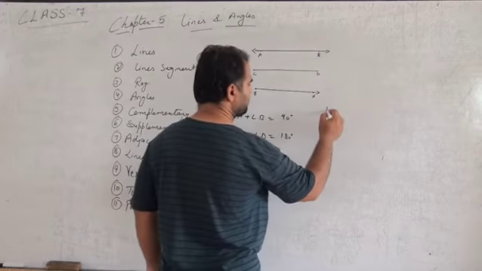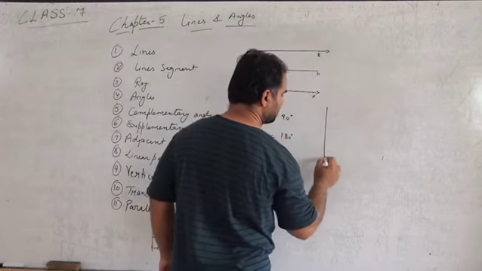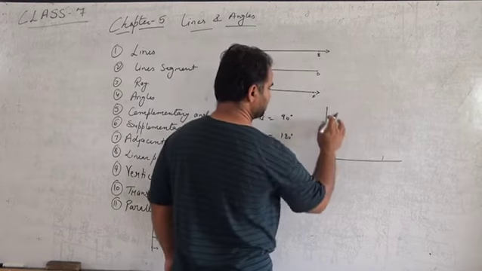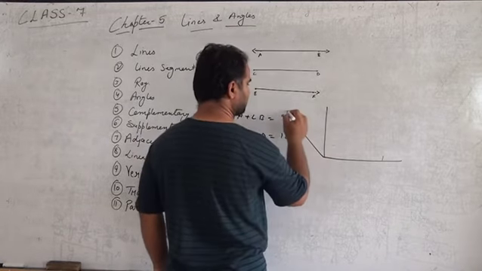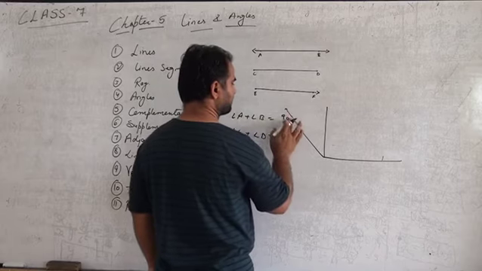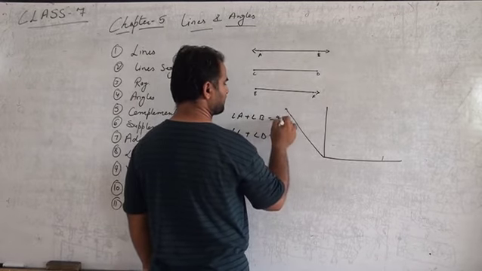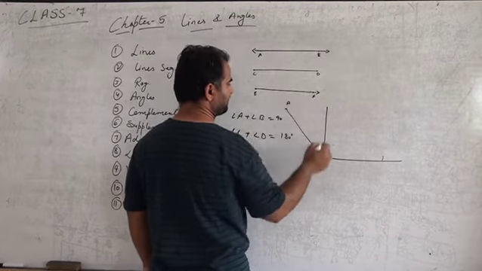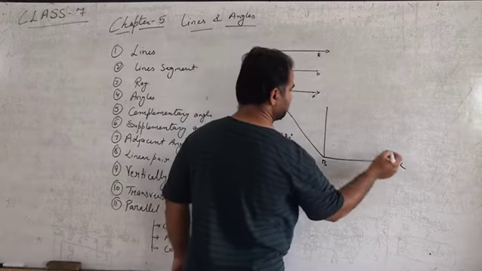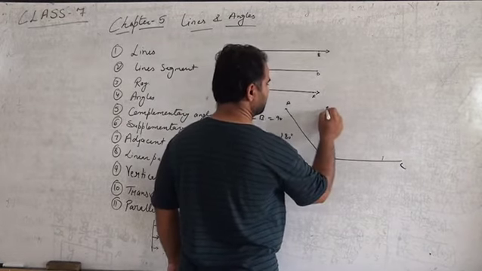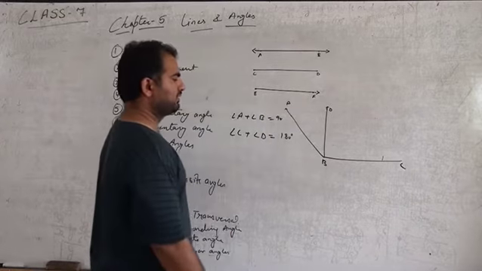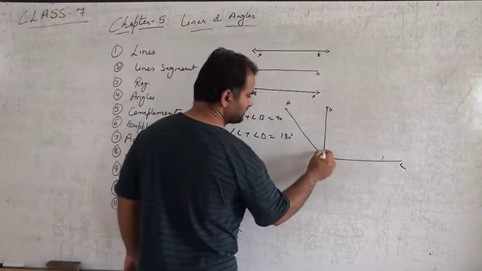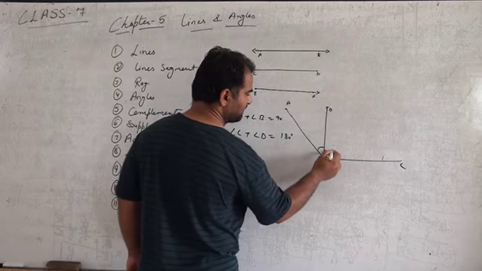I have made A, B, C, and this will be D. So we know that there are two angles, this and this.